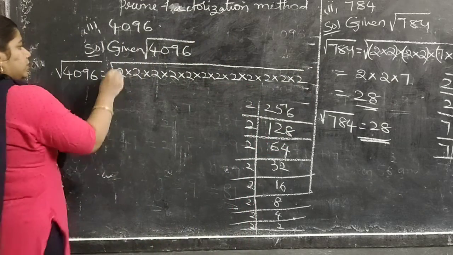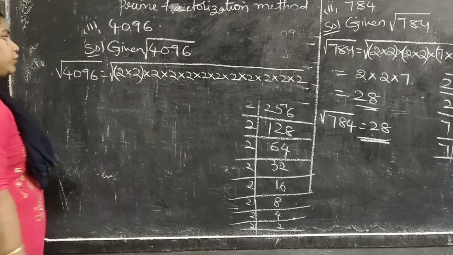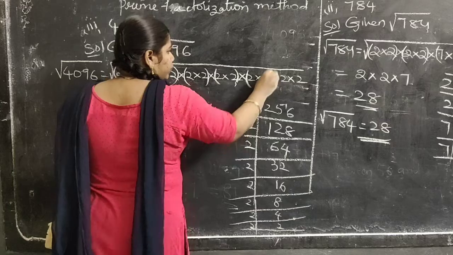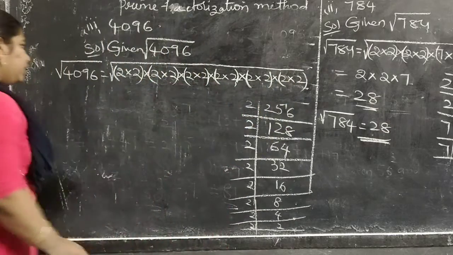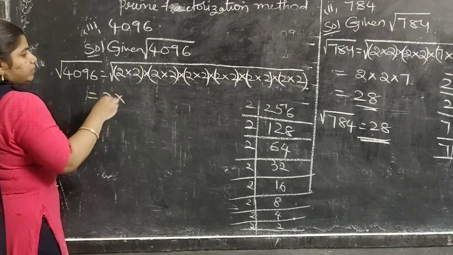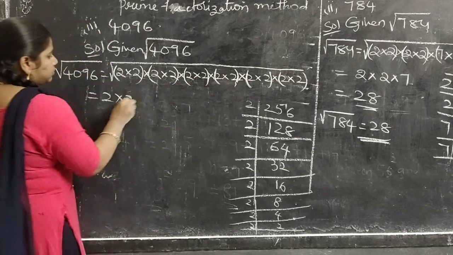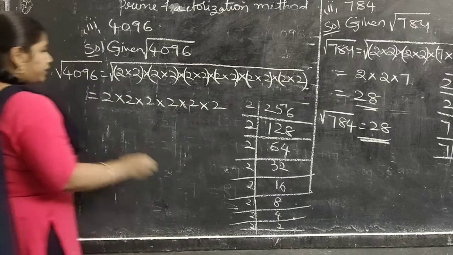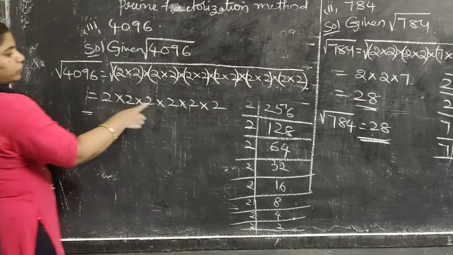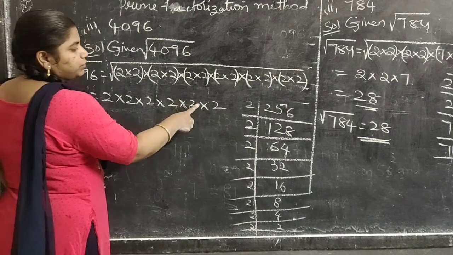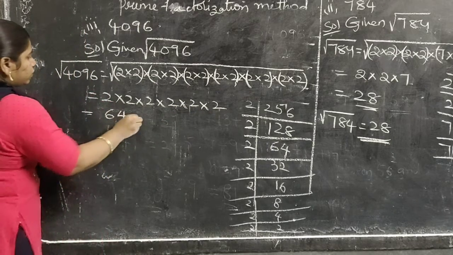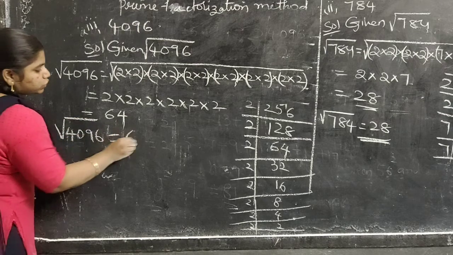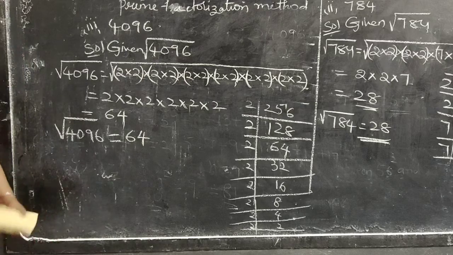Now you pair it. 2 equal factors. Product of 2 equal factors will become a perfect square. So from 2 equal factors you have to take only 1 equal factor. So how many times? 1 2 3 4 5 6 times. So multiply all these values. 2 2s are 4, 4 2s are 8, 8 2s are 16, 16 2s are 32, 32 2s are 64. So what is the square root of 4096? That is equal to 64.